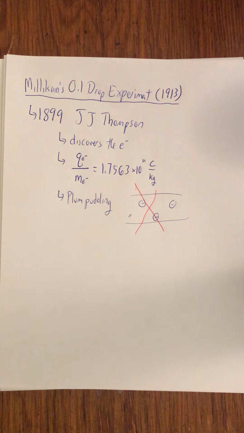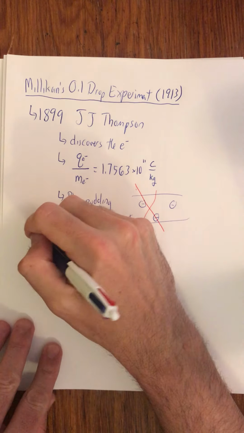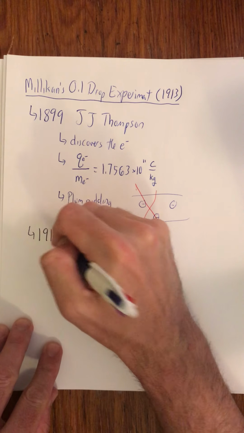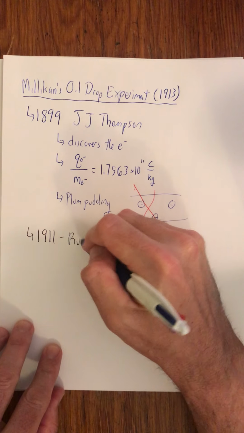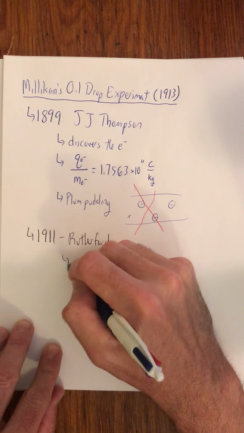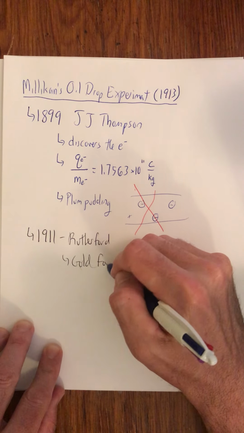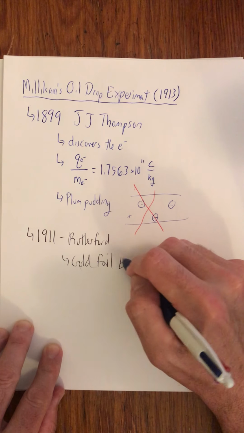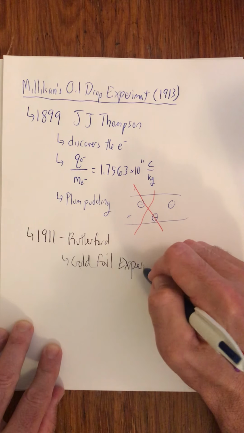It is Rutherford and his gold foil experiment, 1911, where he figures out something about the actual structure of matter, right? Where we figure out the nucleus, 1911. Ernest Rutherford in his gold foil experiment, and I'm not going to go through it because you theoretically have gone through that in chemistry, right?